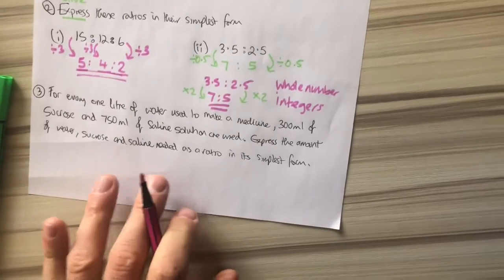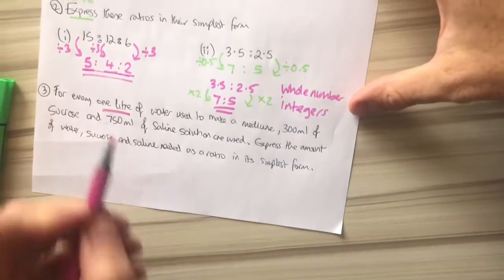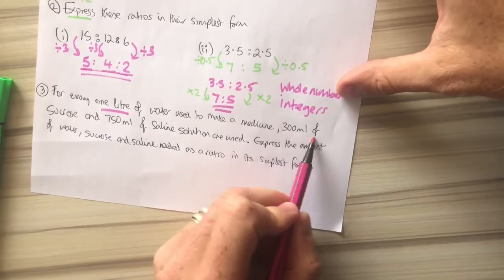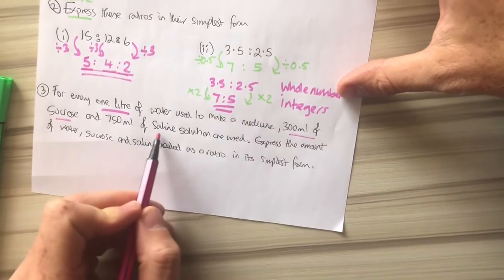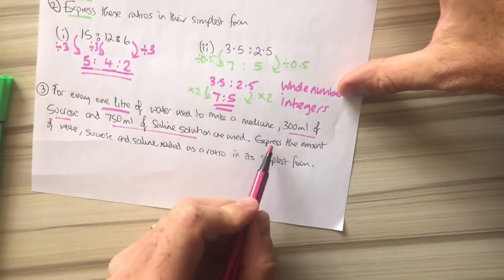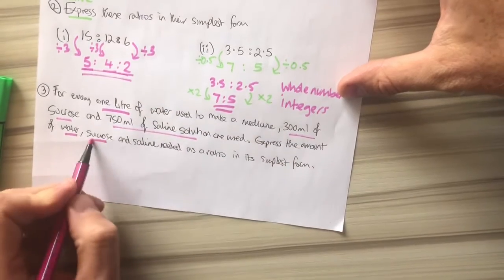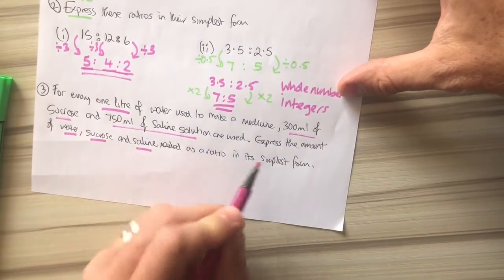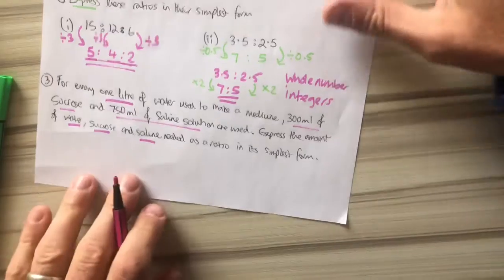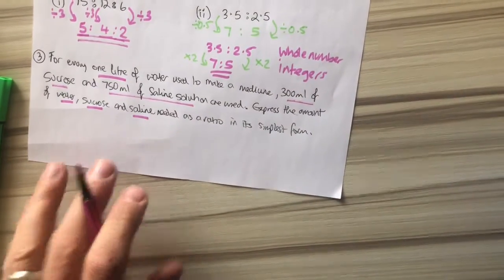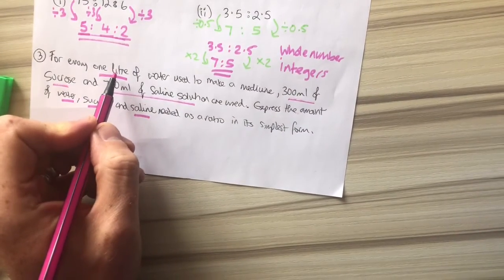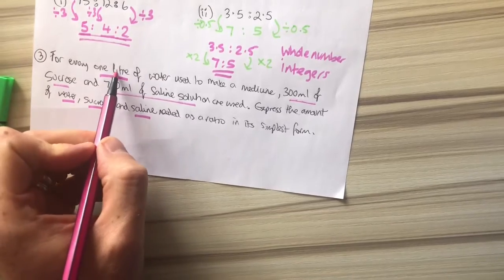Okay, last one, words. For every 1 litre of water used to make a medicine, 300 ml of sucrose and 750 ml of saline are used. Express the amount of water to sucrose to saline needed as a ratio in its simplest form. So, first thing, like we did in the previous clip, you've got differences of units.